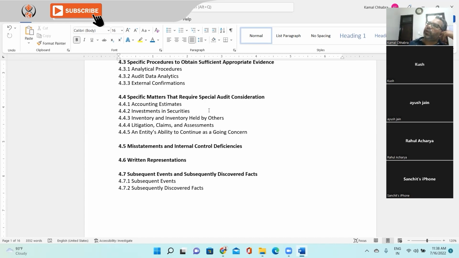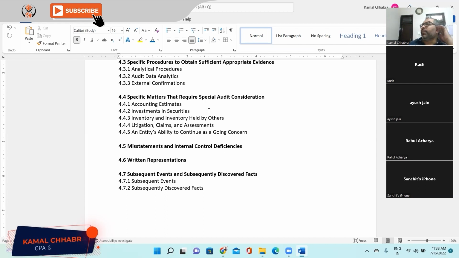So when we were evaluating the litigation claims and assessment, based on the confirmation we received from the lawyer and the management, they had confirmed that the company will win this case, and you have not provided any provision, and you have not even considered the contingent liability.